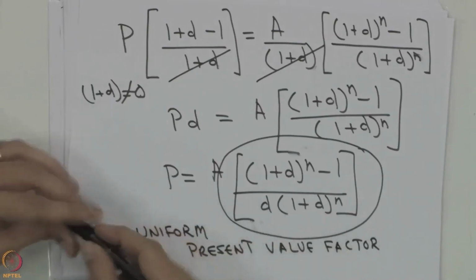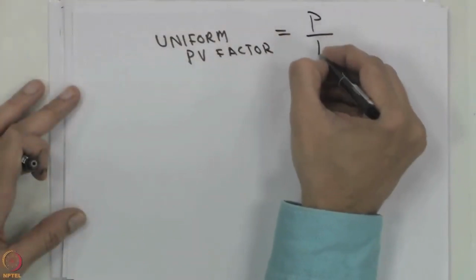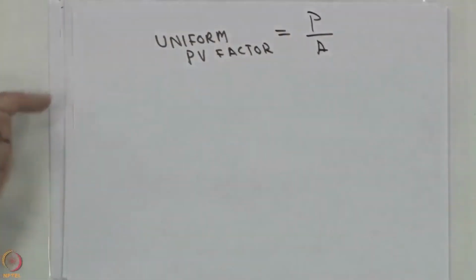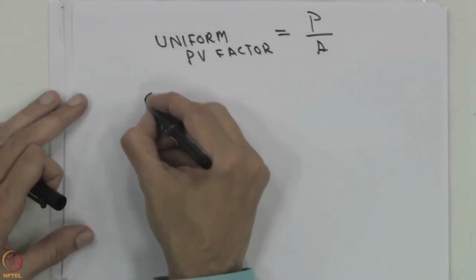And we will use the inverse of this. The uniform PV factor is equal to P by A. And the inverse of this is the capital recovery factor.